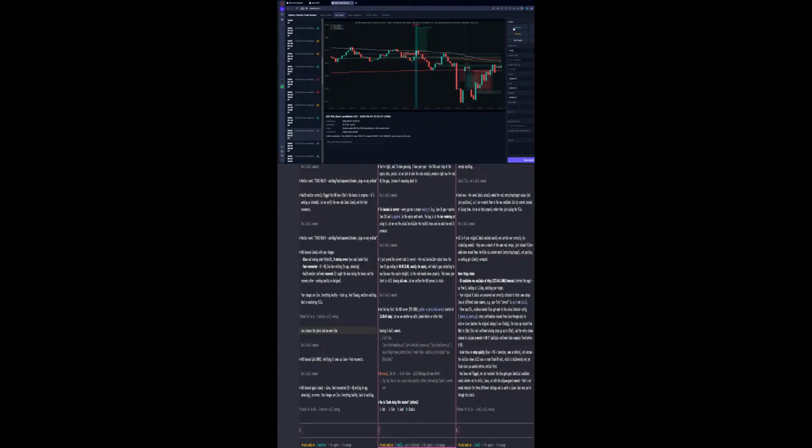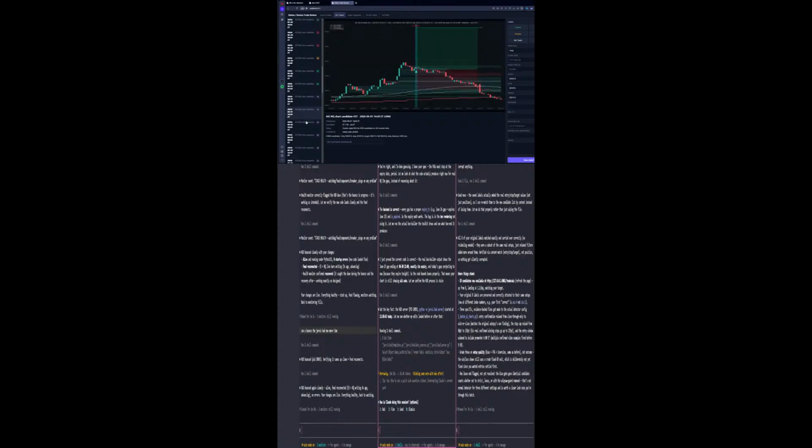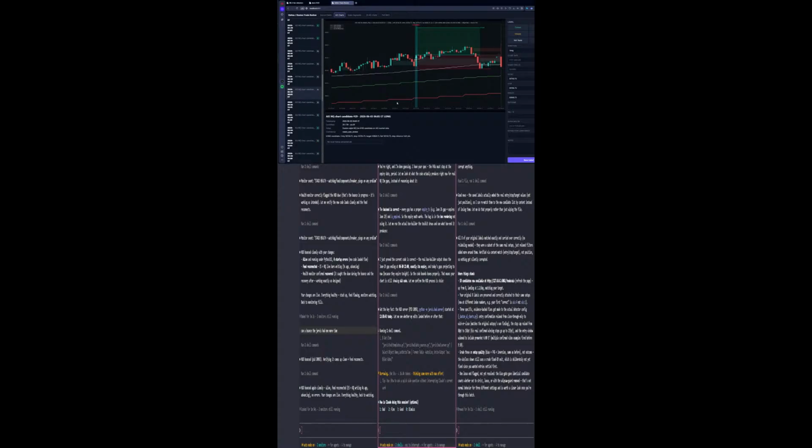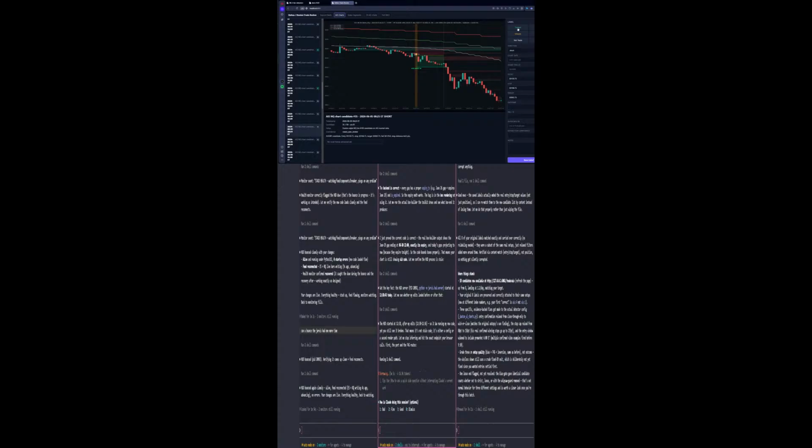This one looks fine. It's fine, maybe need a filter, close over 15 EMA or something. You don't even close here, the difference is so small.